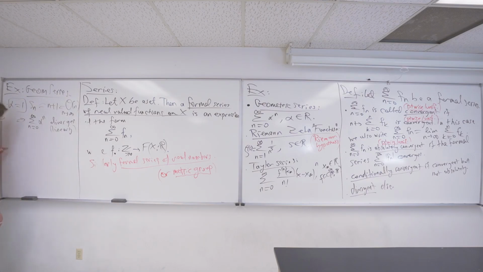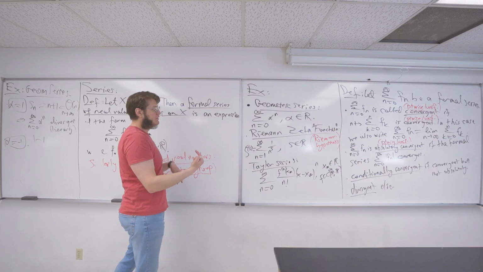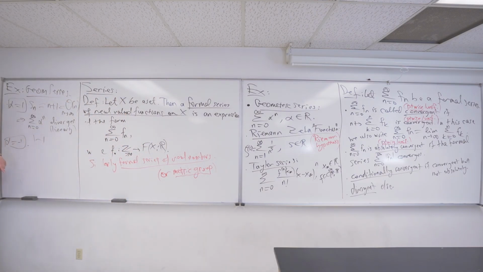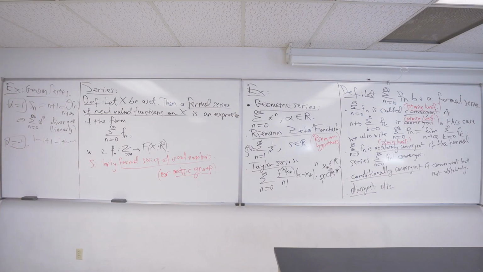If I plug in alpha equals -1, what happens in this case? -1 to the 0 is +1, and -1 is going to be the next one, because n is going to oscillate between odd and even. Powers of -1 alternate between plus and minus 1. So s sub n is going to alternate between 1 and 0.